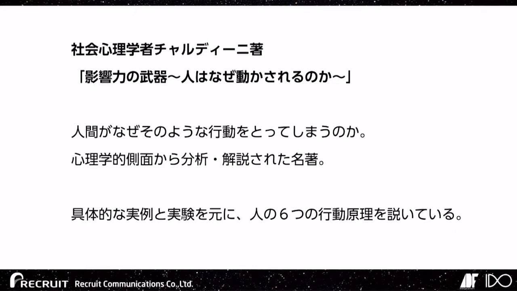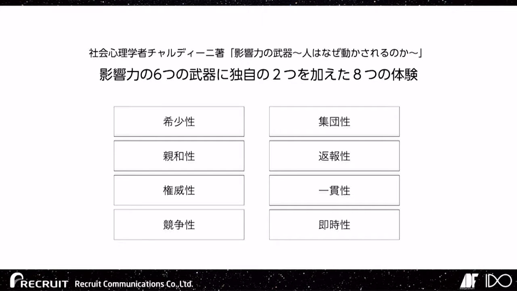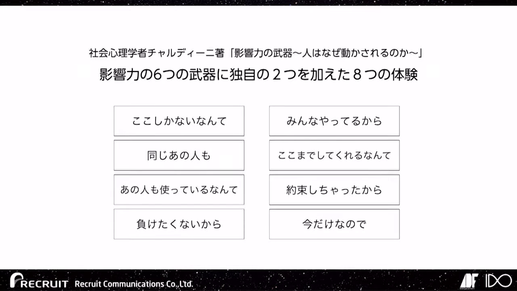There are 6 principles, and if we can create these, things will move. So this is in terms of rarity, group, affinity, response. Rarity is, if it's only here, then people would go for it.